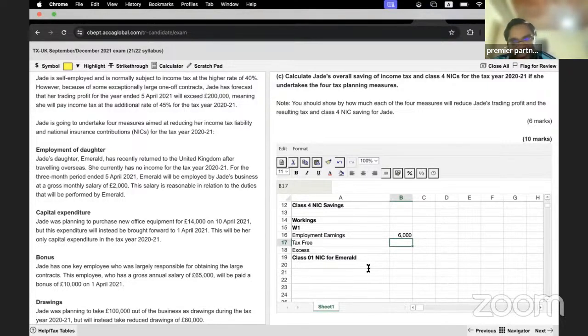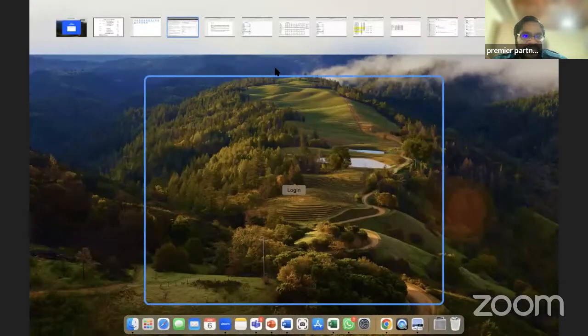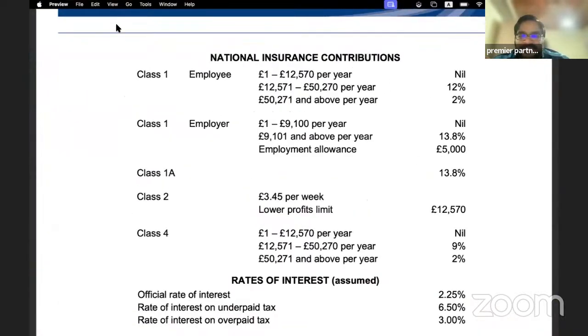Annual amount is how much? Great. Annual amount is 9100. Super. So if you cannot remember, just go to the tax rate tables. 9100 per year.